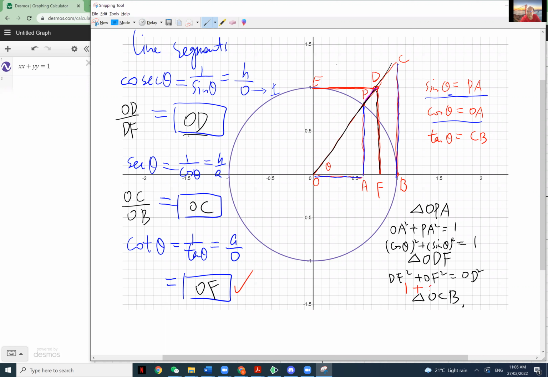Cot. What's OD? Cosecant. Okay. So we have a new formula.